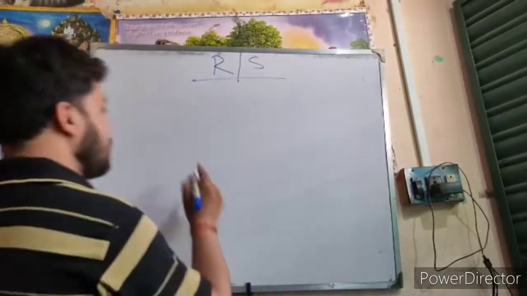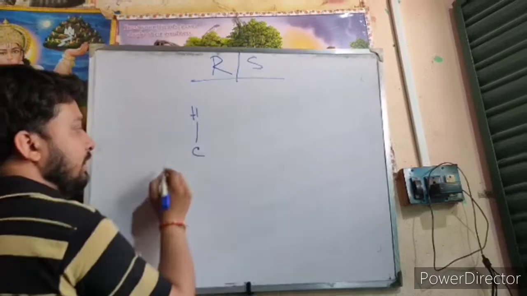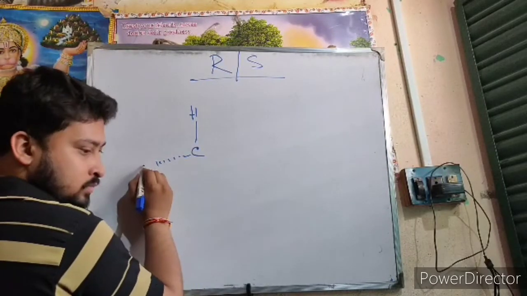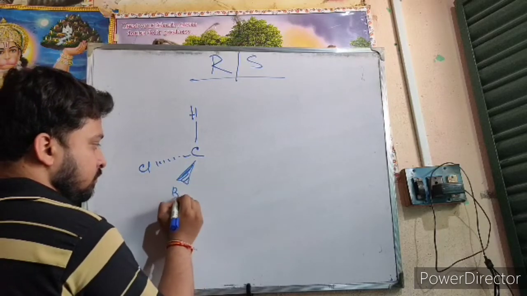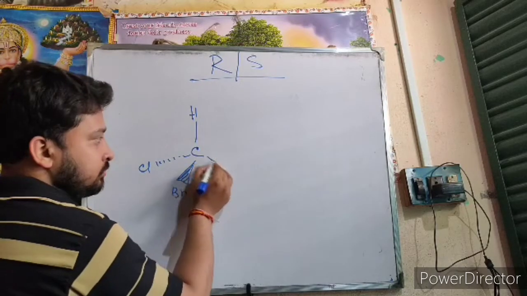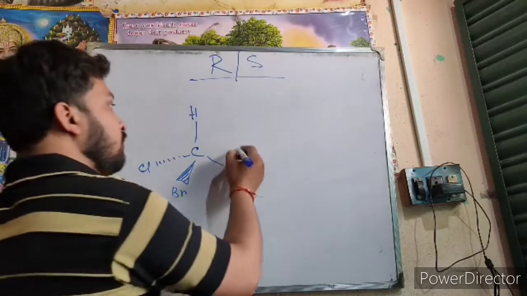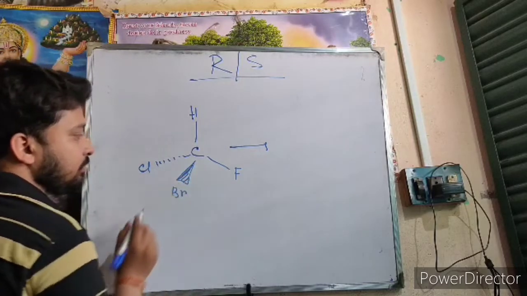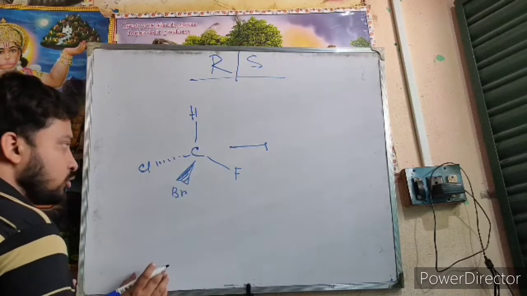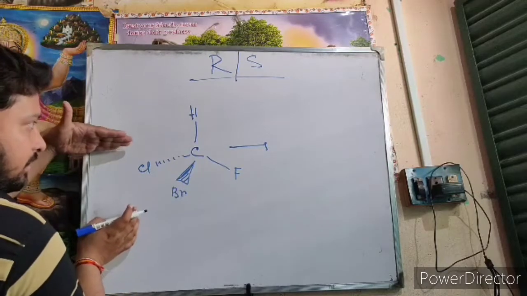Now the next problem: you can write in this way: C, H, Cl, Br. Here there is a dash form, and you write it this way, with the dash form on your left hand.